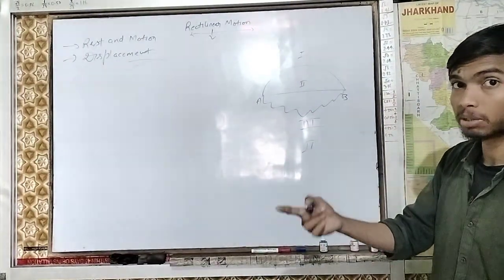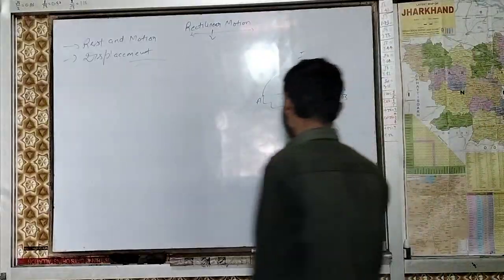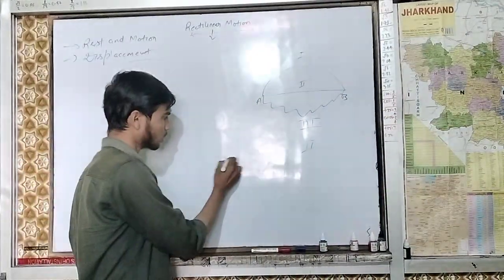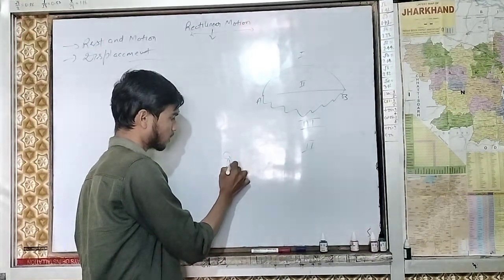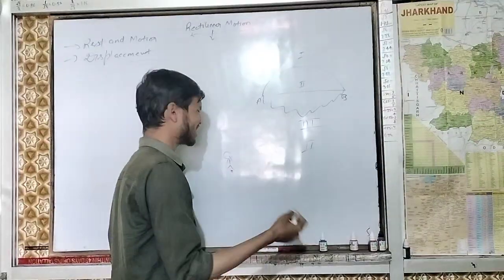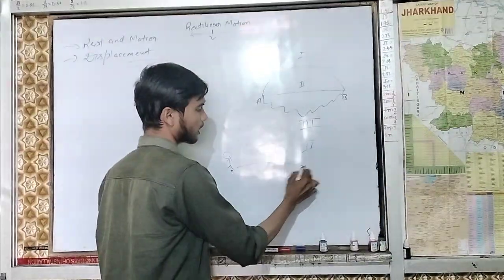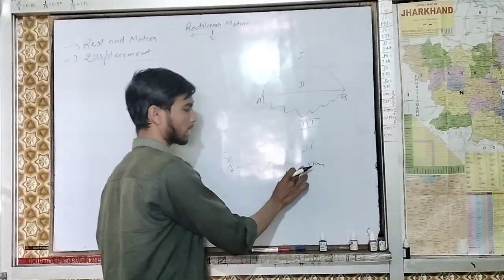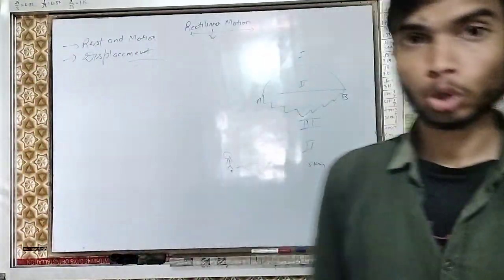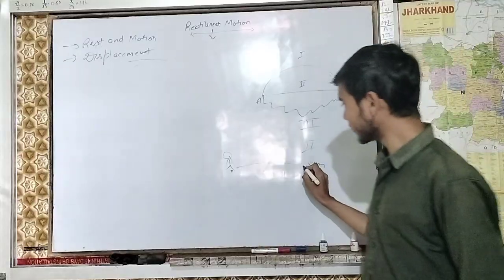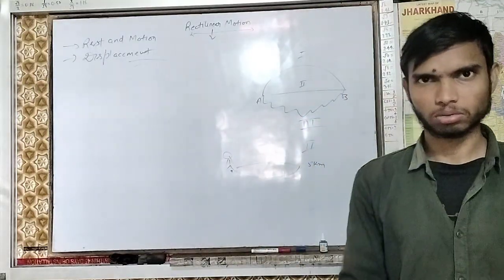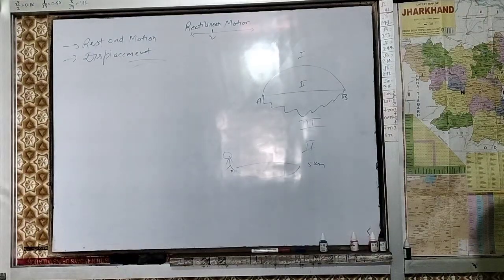How can it be zero? Let me explain. Let's suppose you were over here, and then you went, or you covered a 5 kilometer distance, like this. But again you reached the same location, or you can say your home.